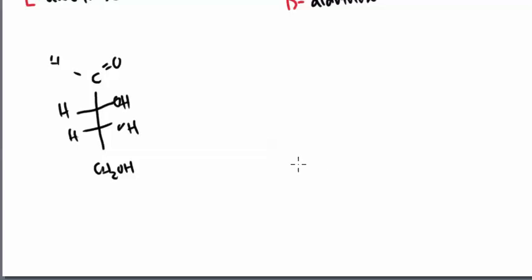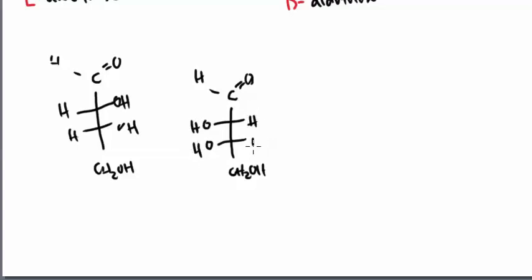Okay, well, what does that mean? Well, we could put the OHs here, and that would be a sugar, right? Or we could have flipped this thing around. So we could, if we wanted, put both OHs on the left-hand side. And that would be deemed a different sugar, right? So here's a sugar, there's a sugar. Well, I chose to put my OH groups on the same side. I didn't have to, right?